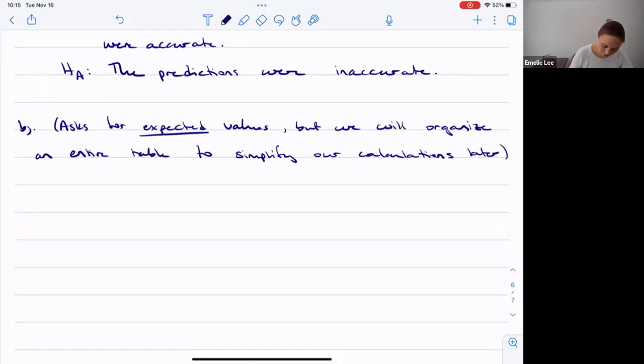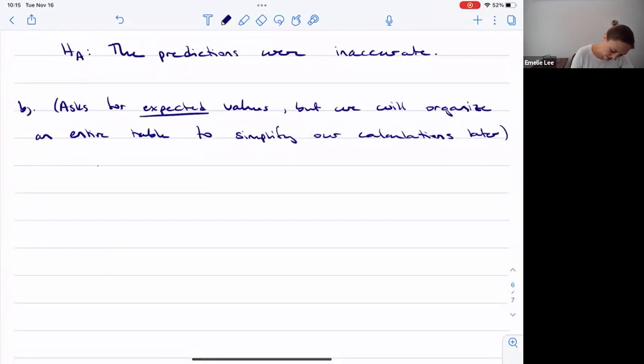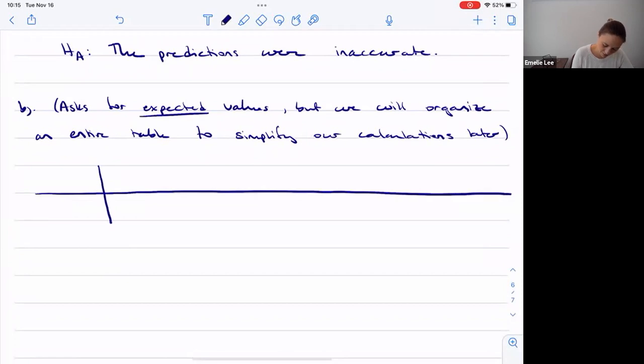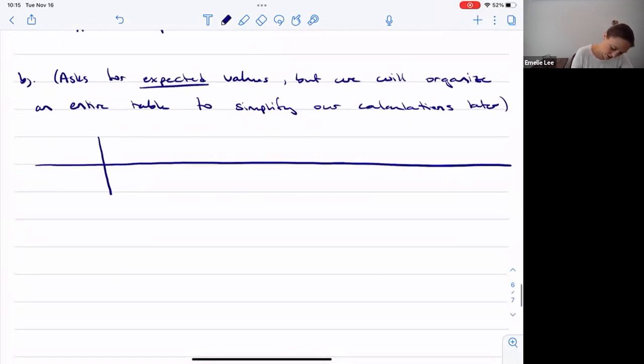So if we have some categories, let's break this up here. I'm going to have some observed, and then I'm going to have some expected. It helps if we have some default framework to work with here, so you're always going to start your table like this.